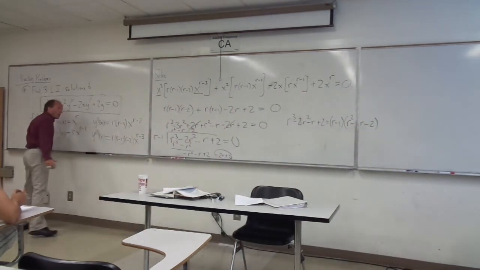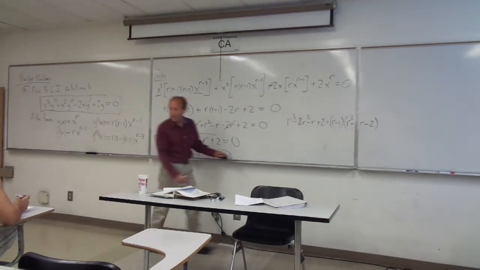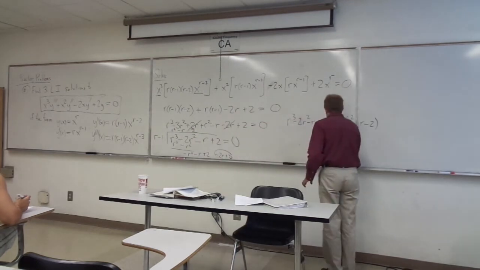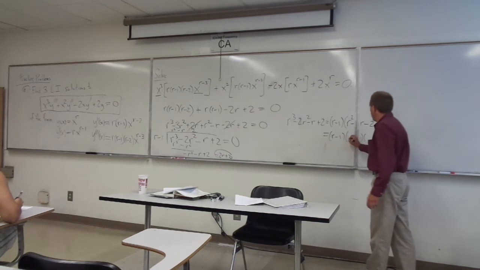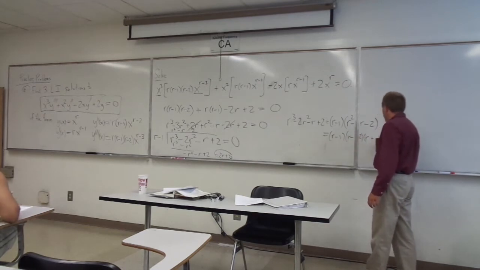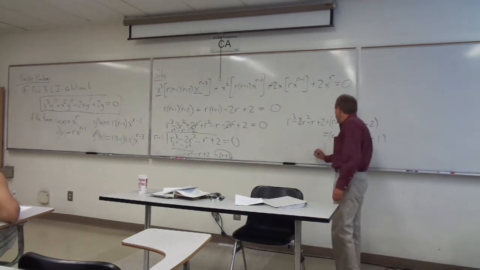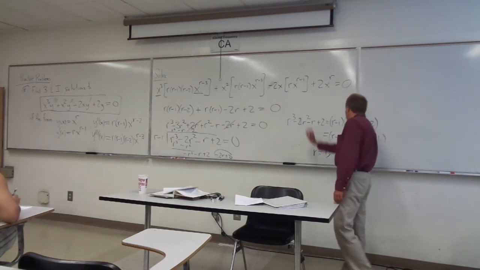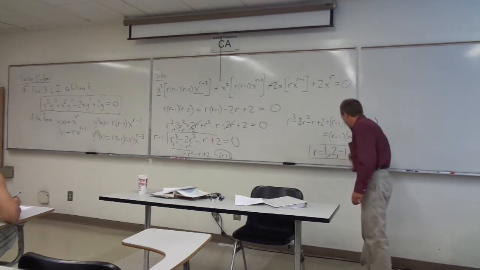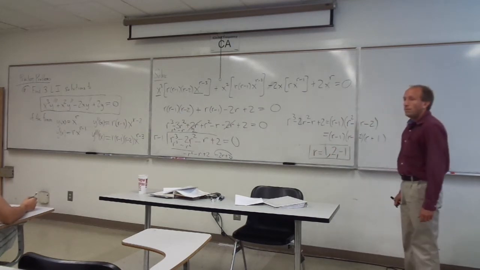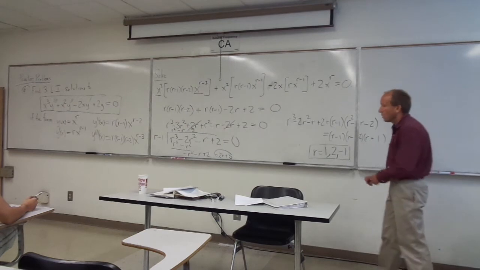And now the r squared minus r minus 2 is going to factor, I think. Hope. How's that going to factor? R minus 2 and r plus 1. Exactly. So my roots are, how do I make each of these 0? Well, either r is 1, or 2, or negative 1. Okay?